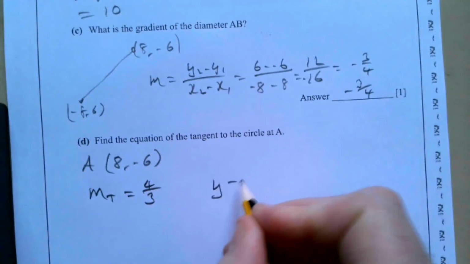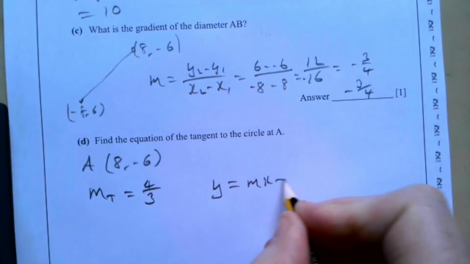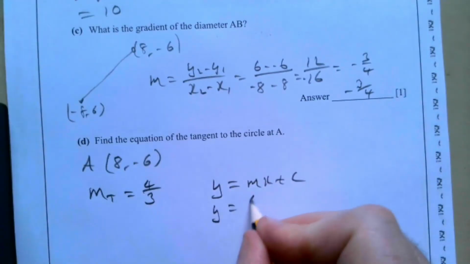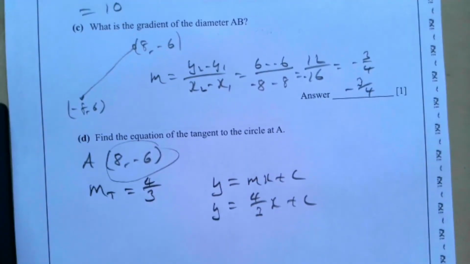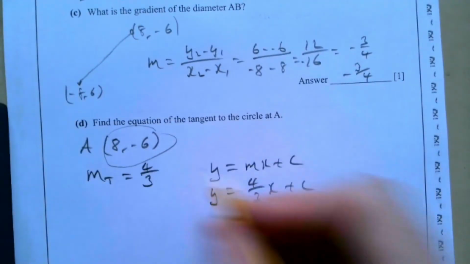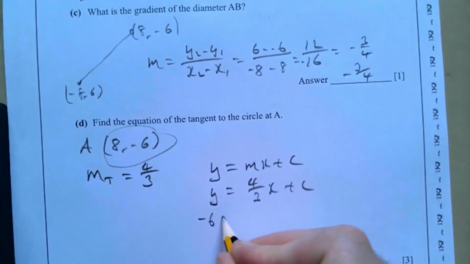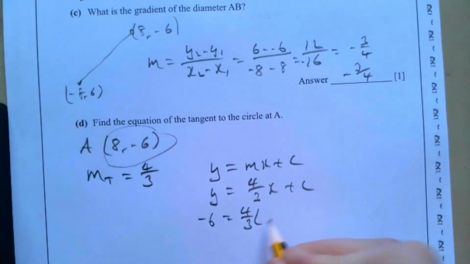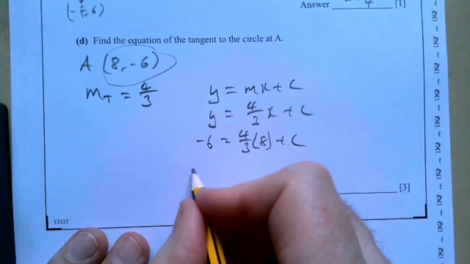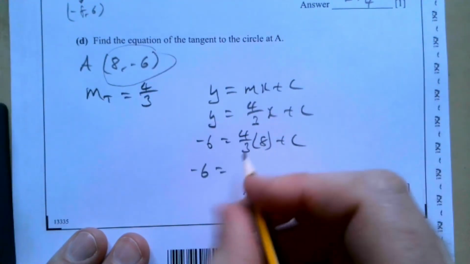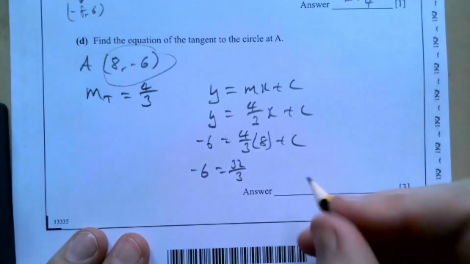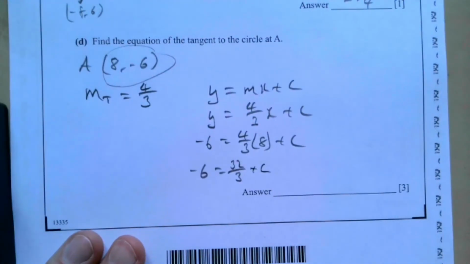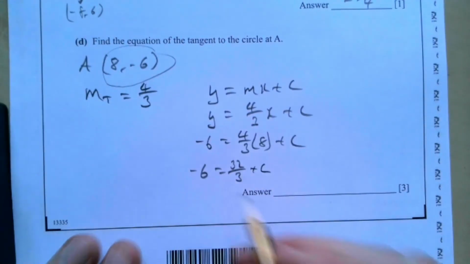So that means it's y equals mx plus c. y equals 4 over 3 x plus c, and I'm substituting in this point here, (8, -6), so that's -6 equals 4 over 3 times 8 plus c. Not spacing this out very well. -6 is then 32 over 3 plus c. So I'm going to take this over to the other side.